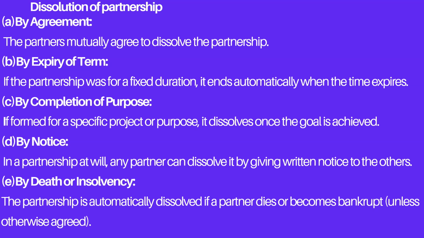And the other one is by notice. In a partnership at will, any partner can dissolve it by giving a written notice to the rest of the partners. And then also a very common dissolution method is by death or insolvency. And we are noting that the partnership is automatically dissolved if a partner dies or becomes bankrupt unless otherwise agreed.